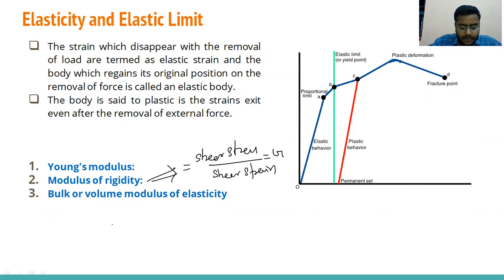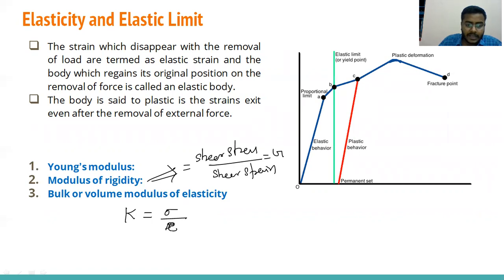This one is very important. What is the bulk or volume modulus of elasticity? It is the ratio of normal stress to the volumetric strain. In words, bulk modulus, generally denoted by K, is the ratio of normal stress to the volumetric strain.